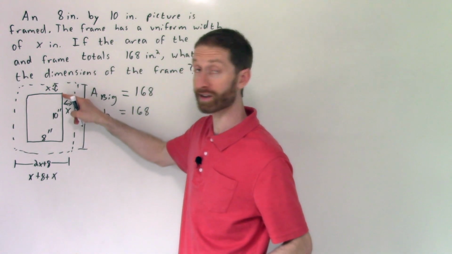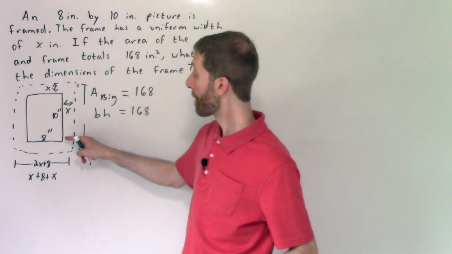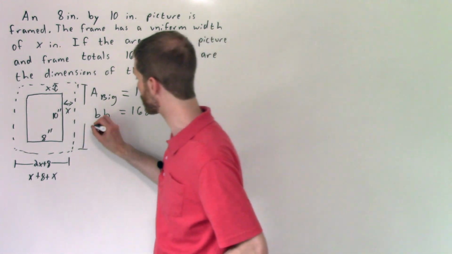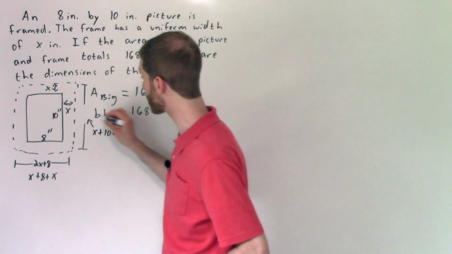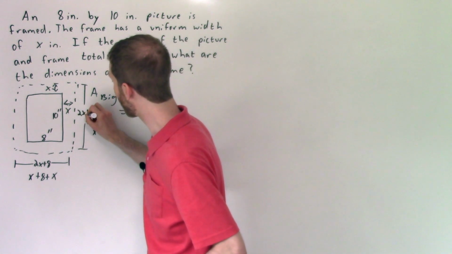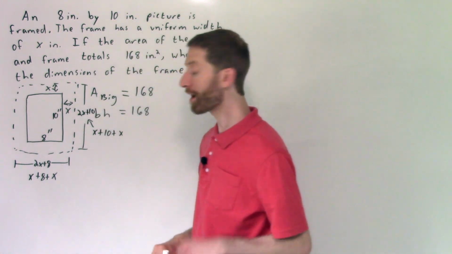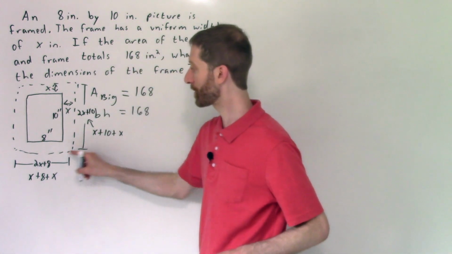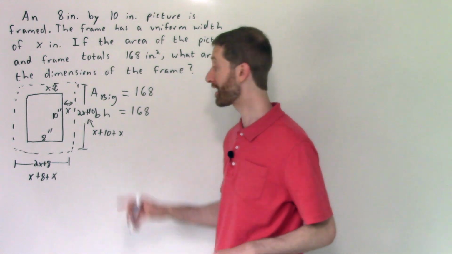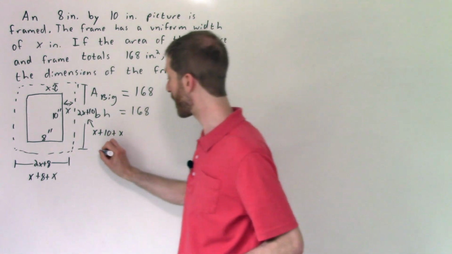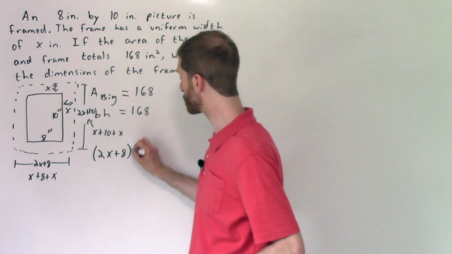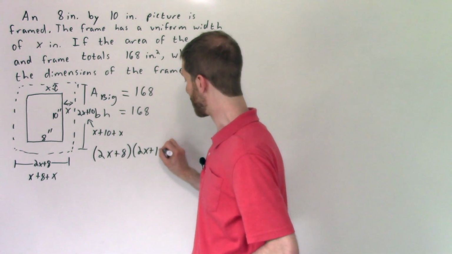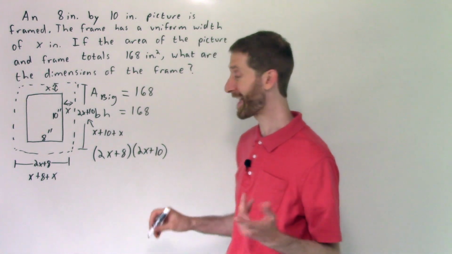So we're going X plus 10 plus another X. That would be X plus 10 plus X, which is 2X plus 10. So now we have our dimensions. They are 2X plus 8 and 2X plus 10. Those are our base and height. So we get 2X plus 8 times 2X plus 10. That would be the base times the height, and that gives us the area.